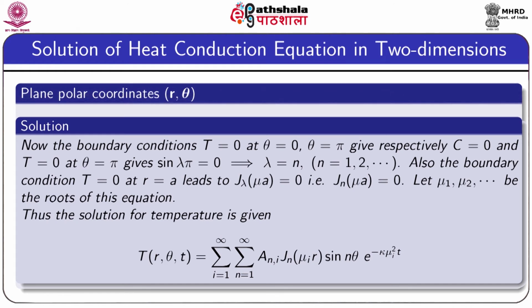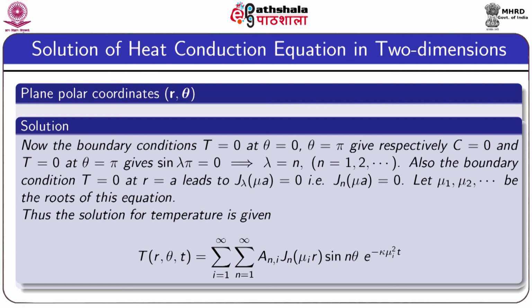There is one more boundary condition, which is temperature equals 0 at r equals a. So this leads to the equation J lambda mu a equals 0, and we have already found that the value of lambda is an integer. So this implies J n mu a equals 0.